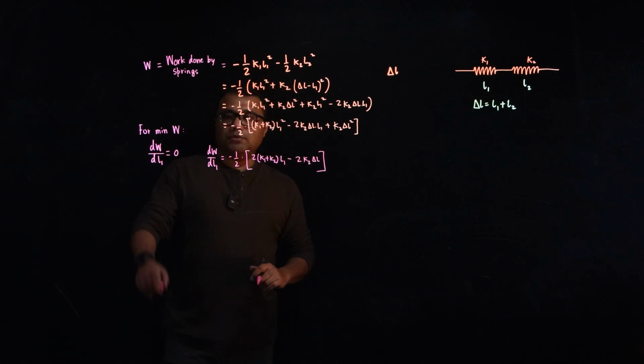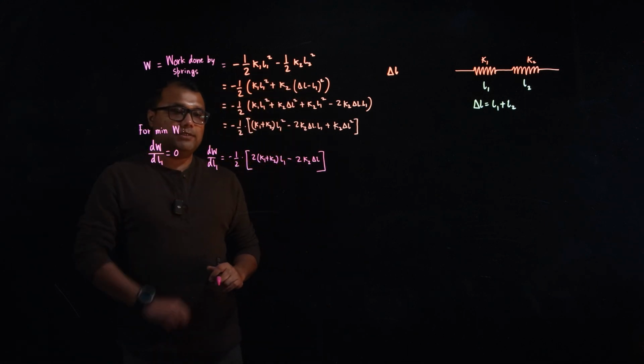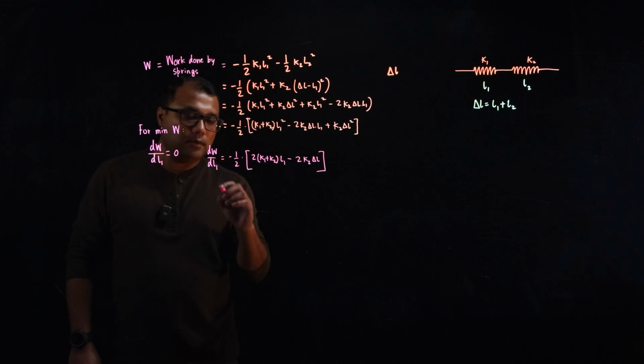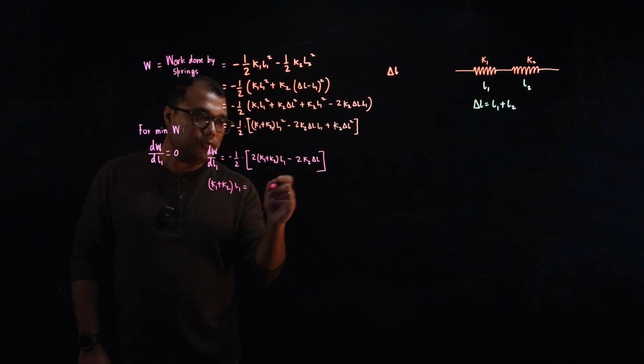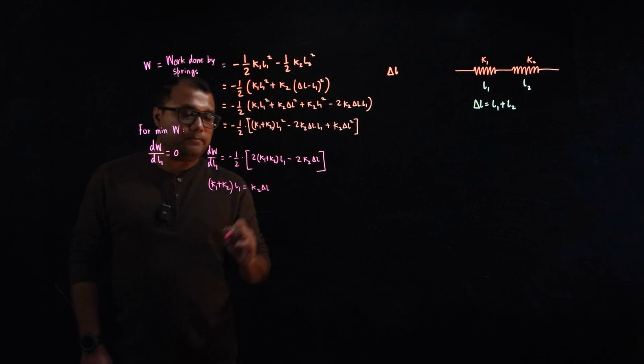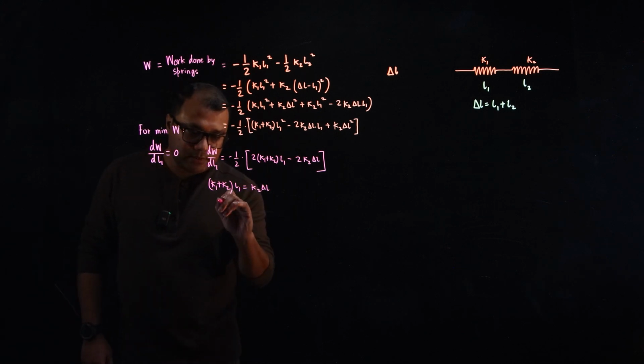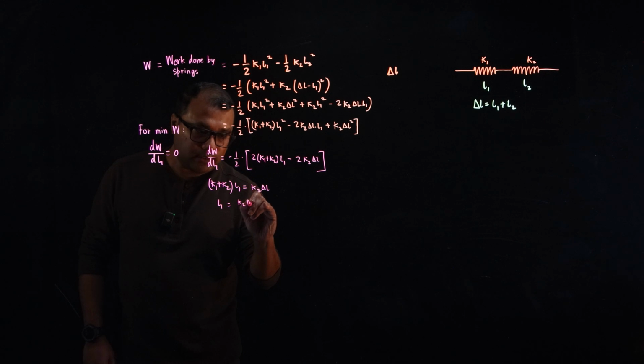Okay. So using dW by dL1 is 0, we get the condition as K1 plus K2 L1 should be equal to K2 delta L. Or we can simplify this as L1 is equal to K2 delta L divided by K1 plus K2.